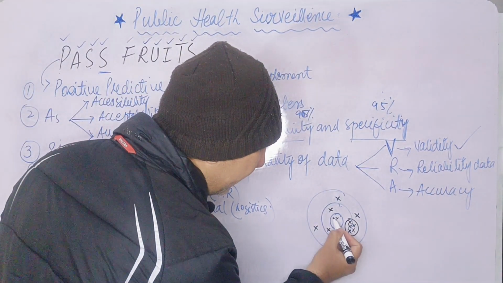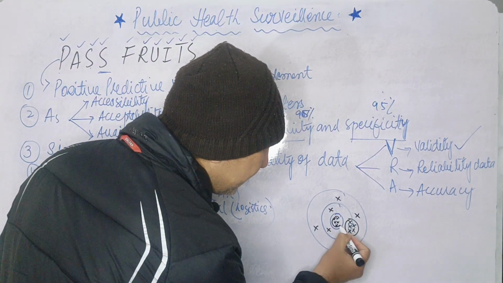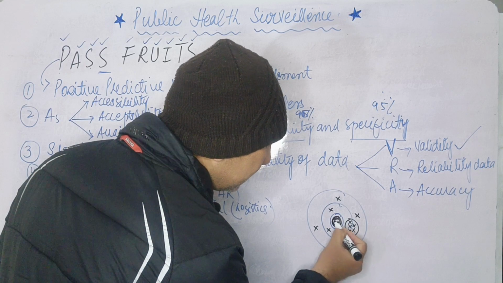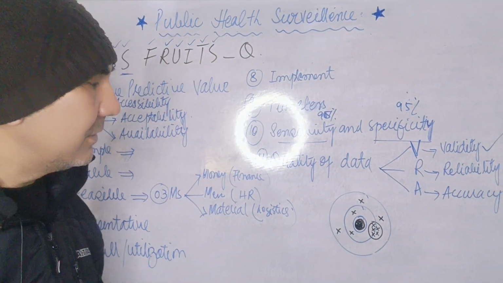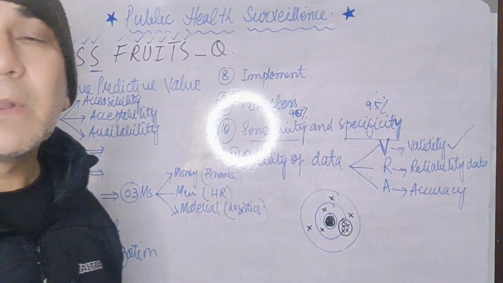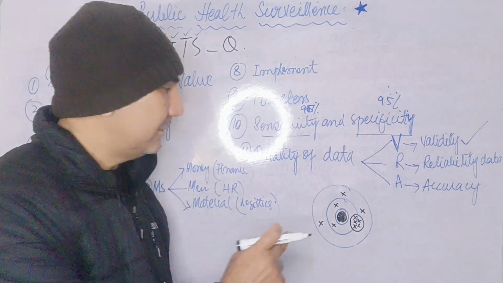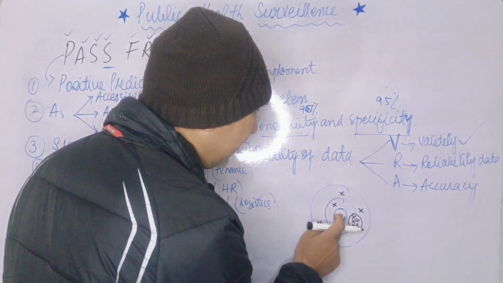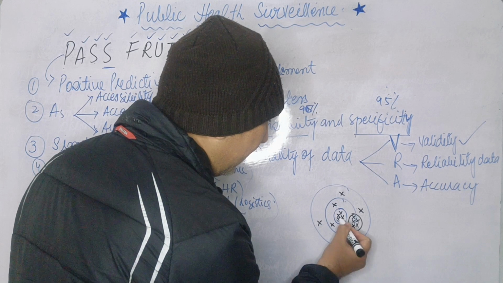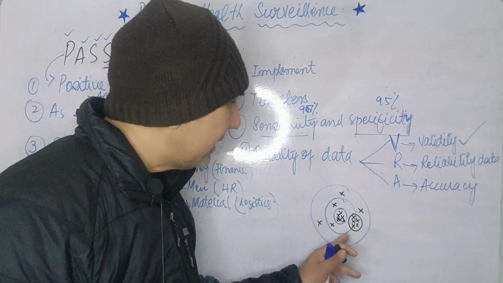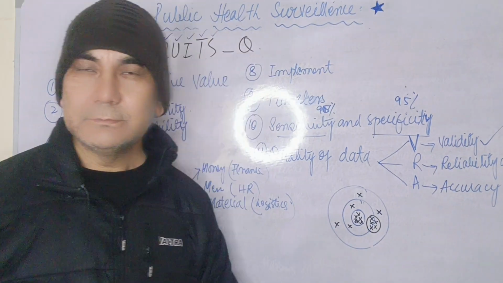When the five bullets are marked in the center of the target, you can say it is accurate. These five shots targeted by some person are more accurate, valid, reliable, and accurate.